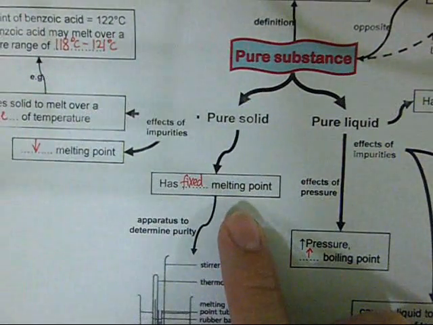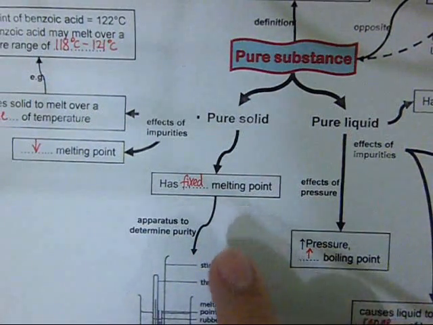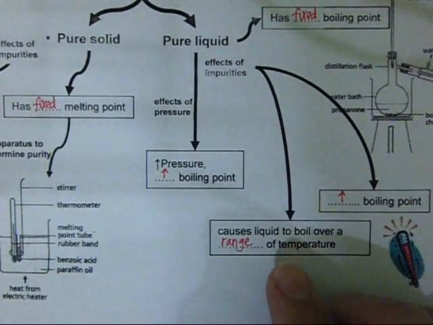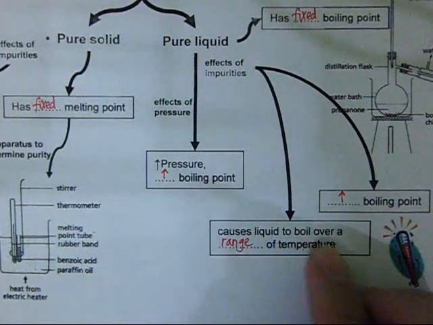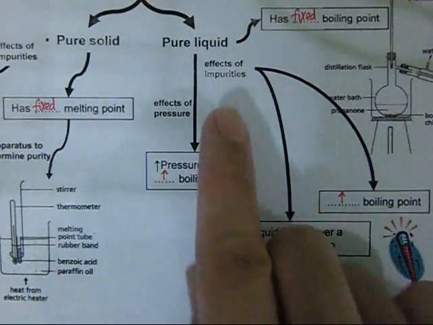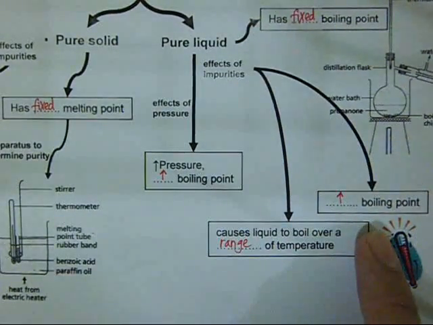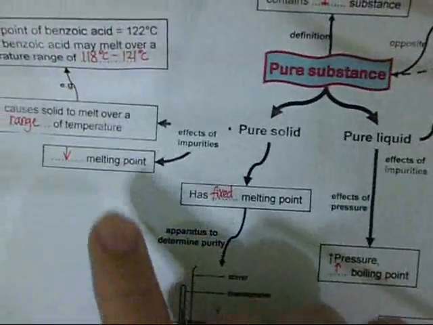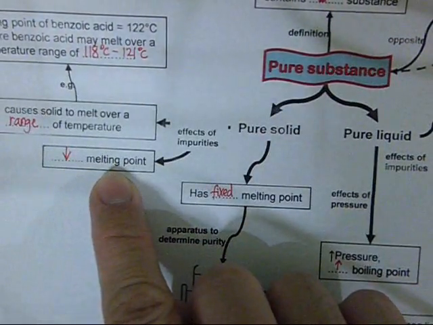Alright, and then you need to know that pure substances have a fixed melting point. For impure substances, impurities cause the liquid to boil over a range of temperature. Impure substance increases the boiling point. Impurities also decrease the melting point.